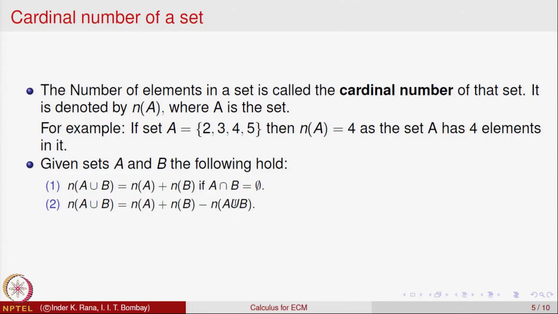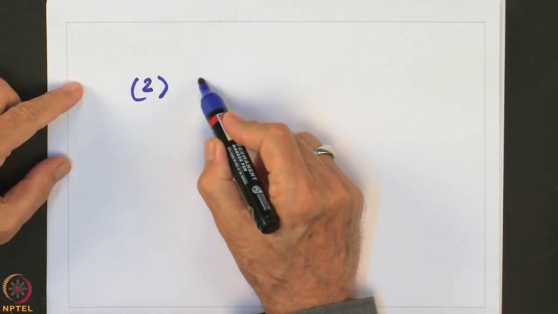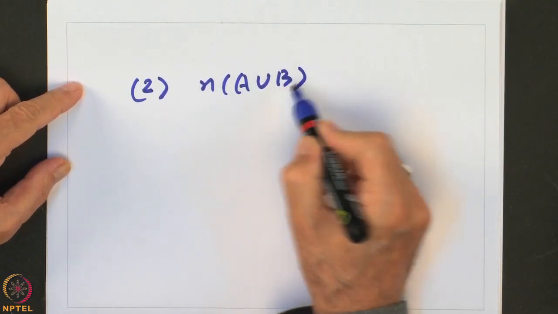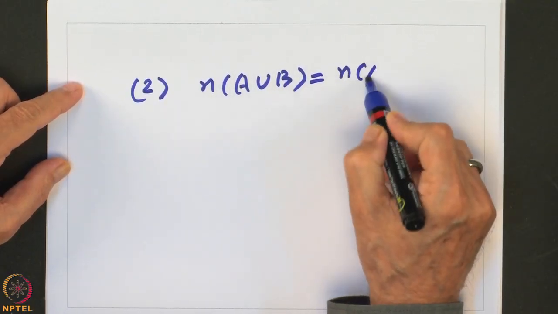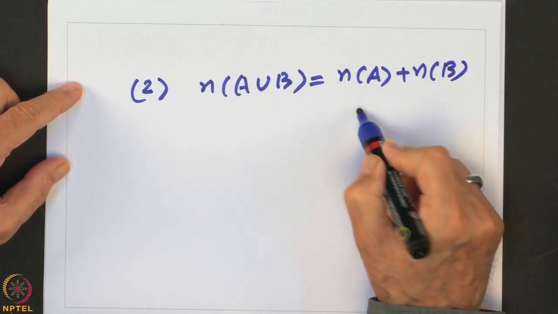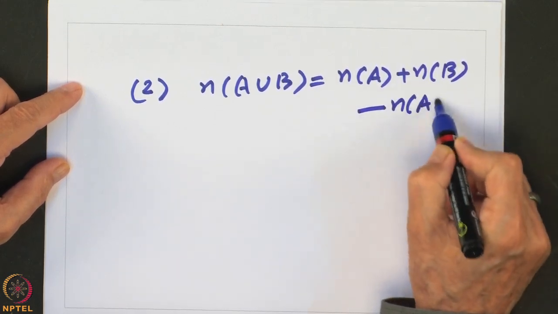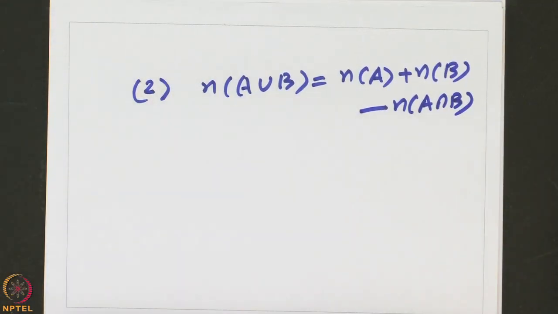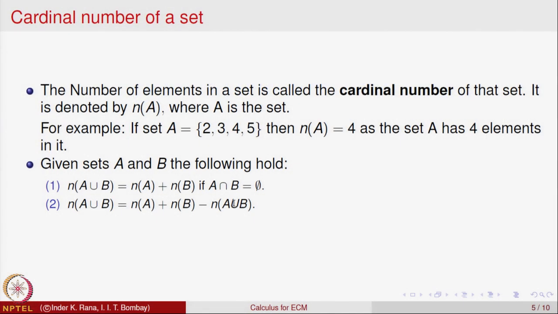So, let me just write out the correct statement. The second statement should be written as the number of elements in A union B is equal to the number of elements in A plus the number of elements in B minus the number of elements in A intersection B. So, this is the correct statement which should replace it here.